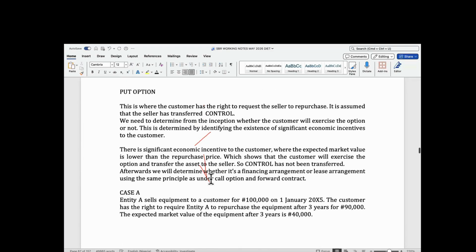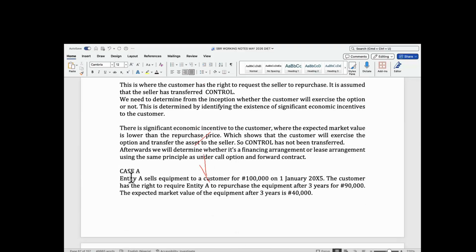So if you look at this first scenario, entity A sells equipment to a customer for 100,000 on 4th January 2005. The customer has the right to require entity A to repurchase the equipment after 3 years for 90,000.